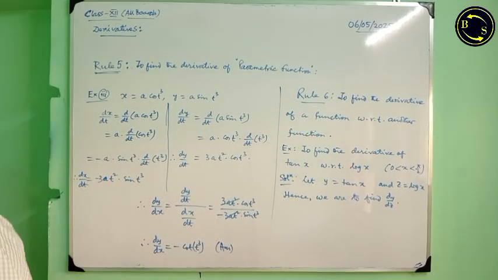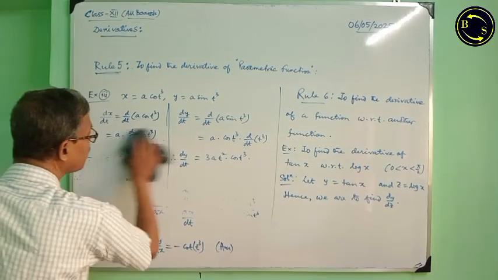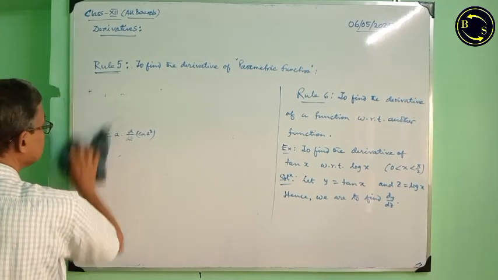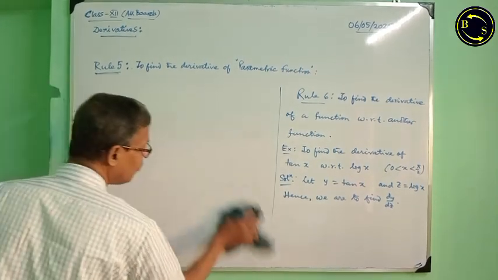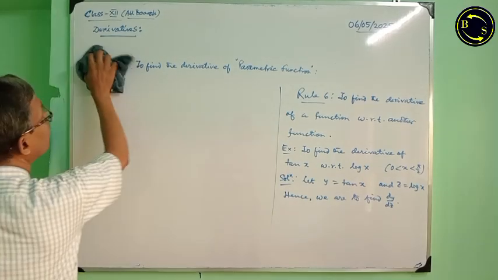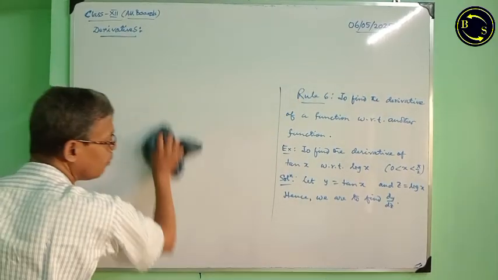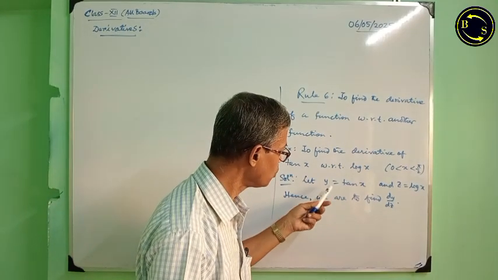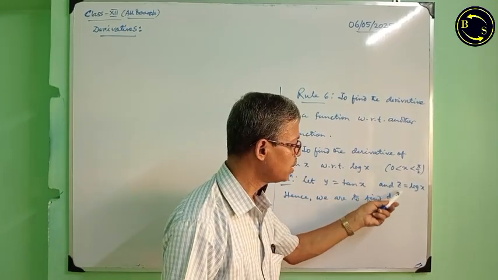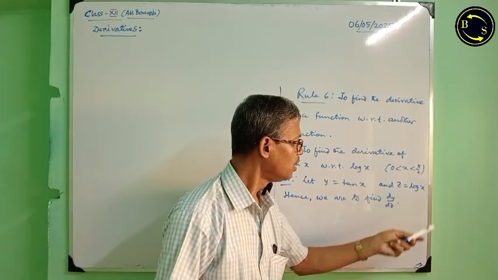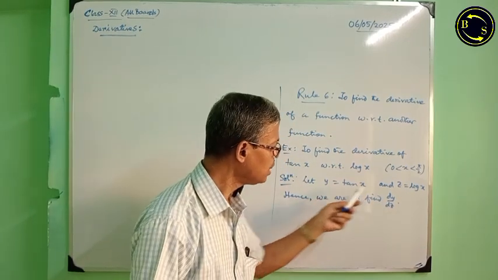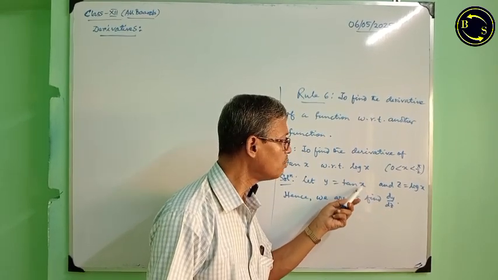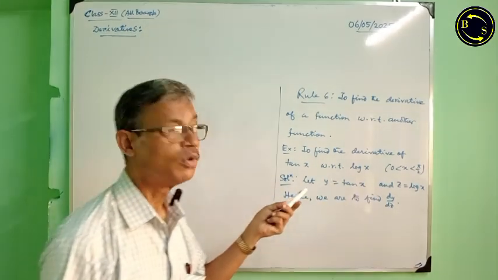Now you see, we shall follow the same idea as in case of parametric form. Here we note y in terms of x, z in terms of x, and y, z are related via the variable x. That means similar to parametric form.